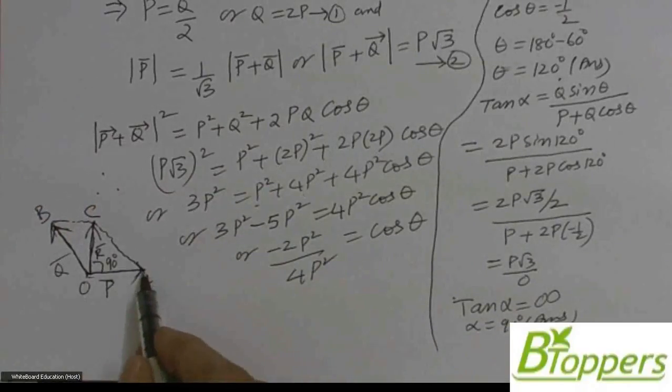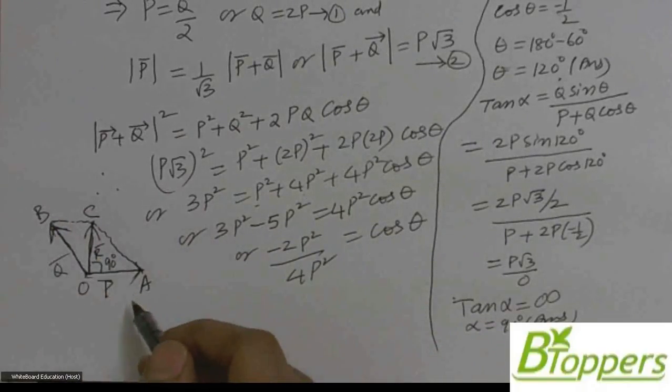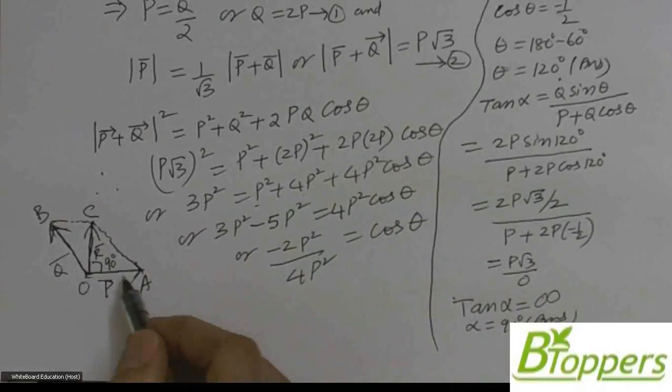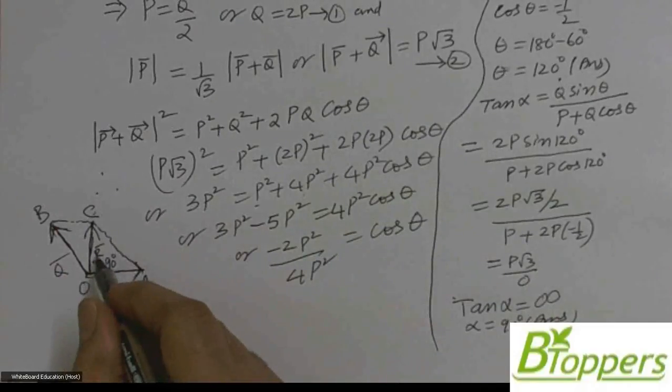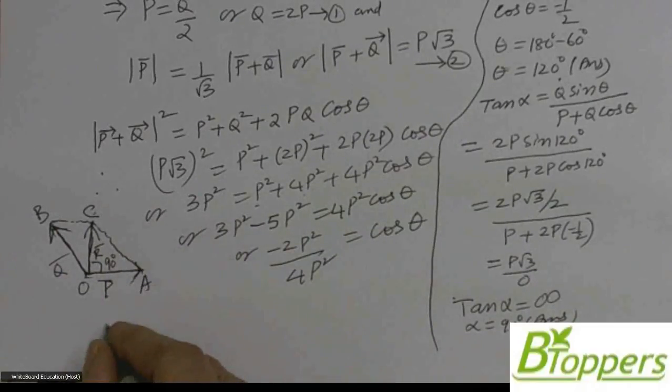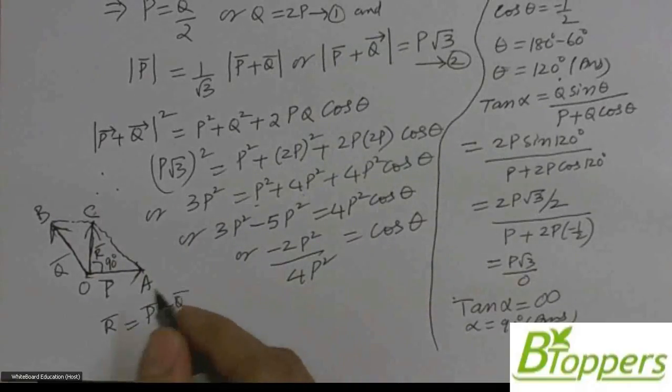In the diagram, the directed line segment OA bar represents p bar. The directed line segment OB bar represents vector q bar. OACB is the parallelogram. OC bar represents the resultant R bar. That means here R bar represents resultant of P bar and Q bar.